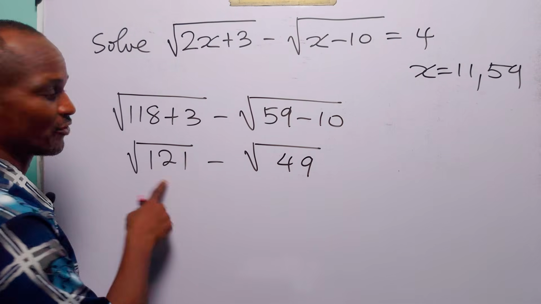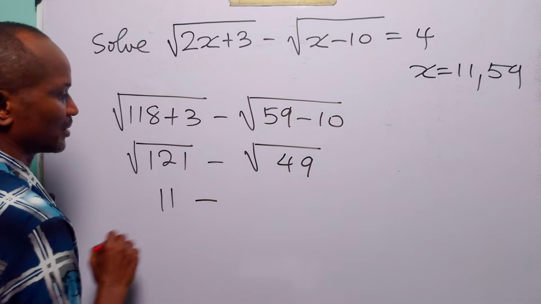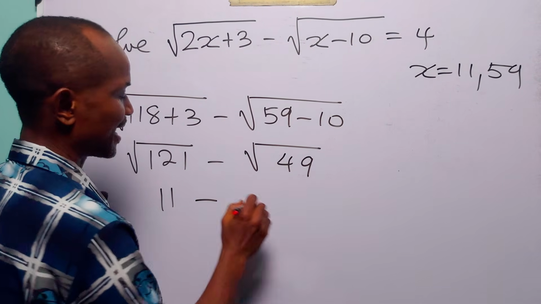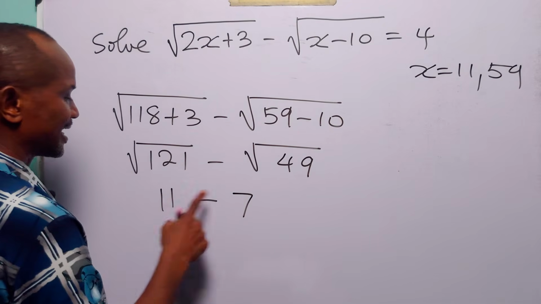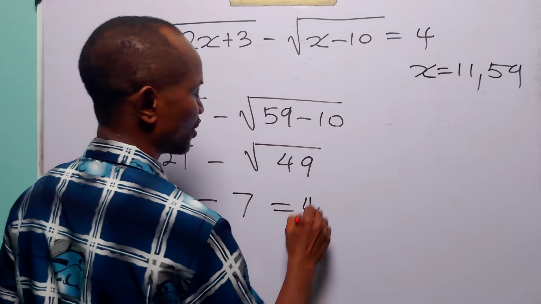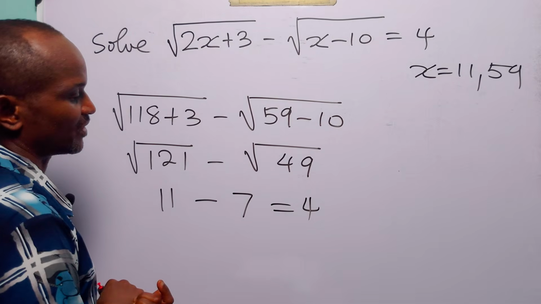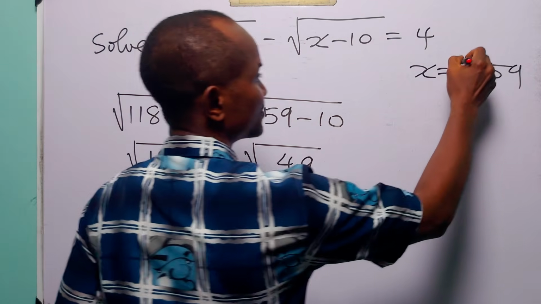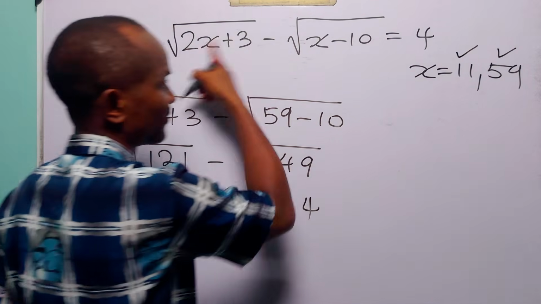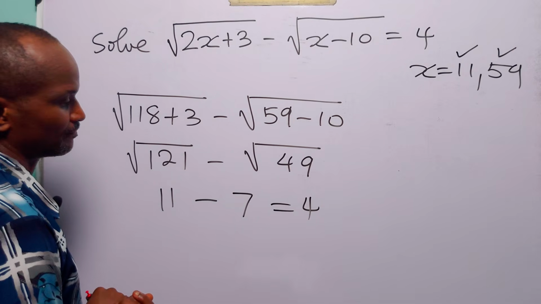The square root of 121 is 11, and the square root of 49 is 7, and 11 minus 7 is equal to 4, which is exactly what we have on the right-hand side of the equation. So, these two values of x satisfy the given equation.